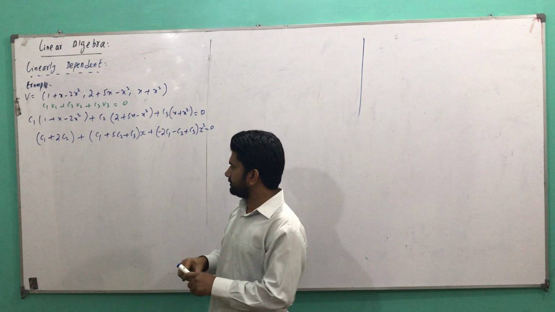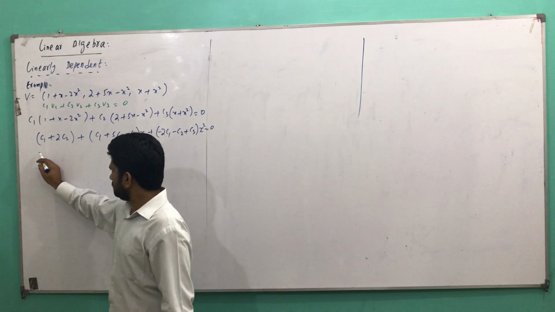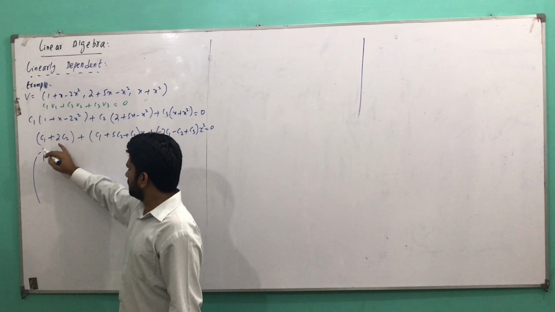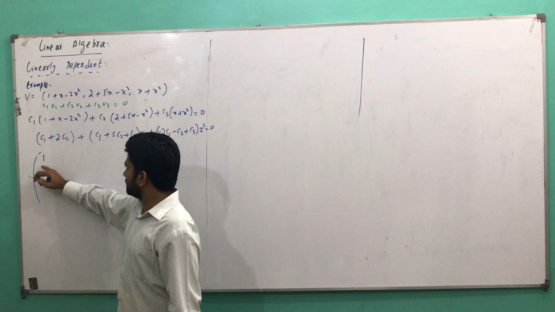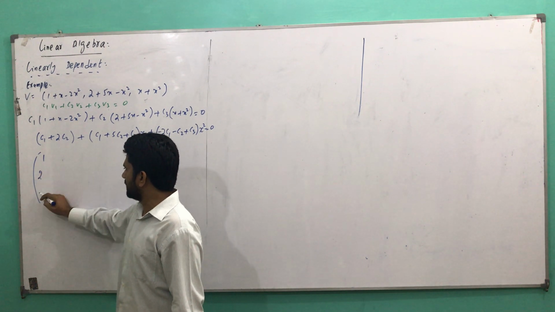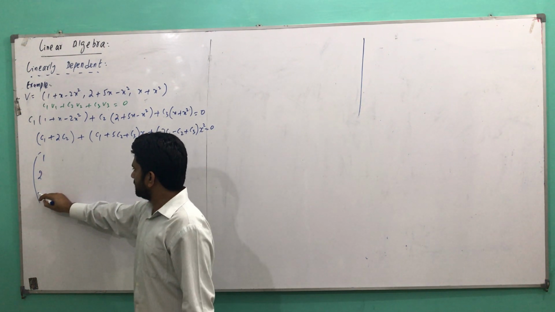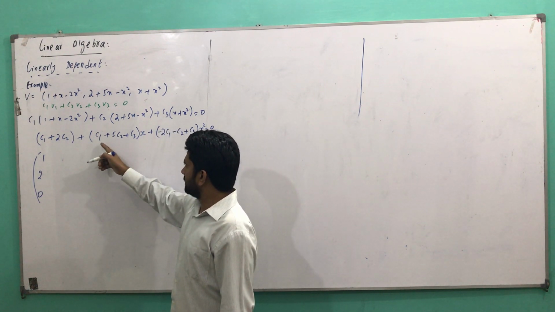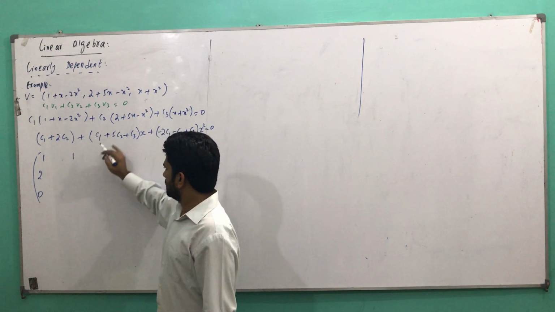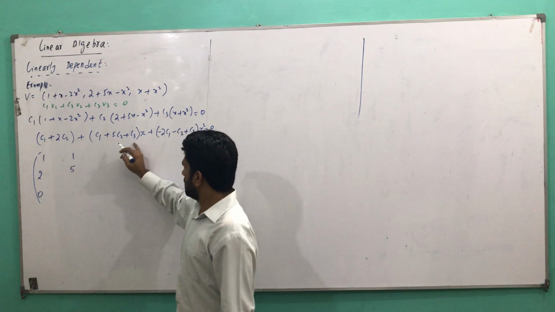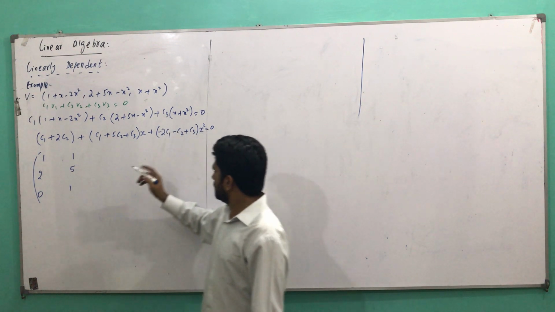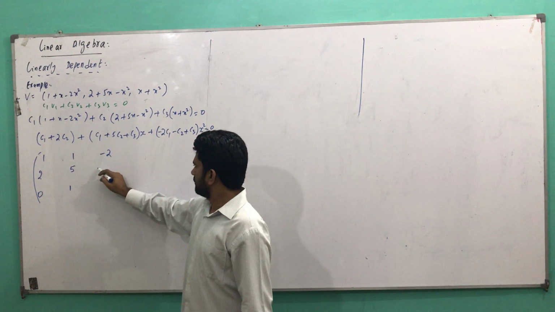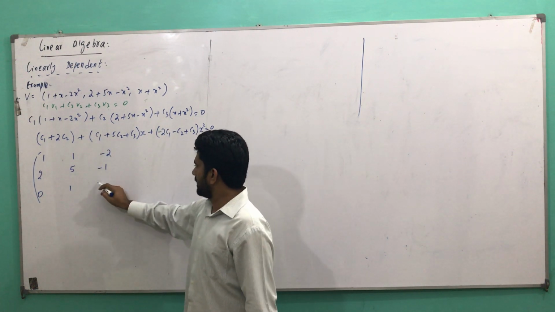So we write this in matrix form. The c1 coefficient is 1, and next is c2, which is 2. Then we have nothing in the third, c3 is absent. Then we have 1, 5, and 1. Similarly we have -2, -1, and 1.